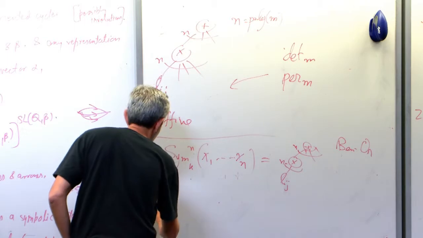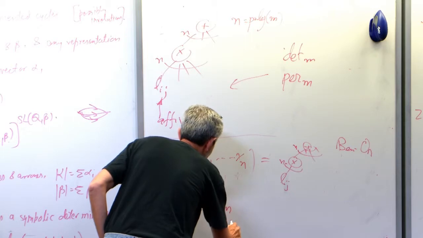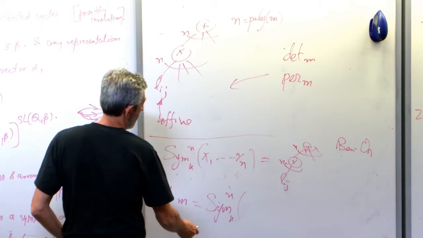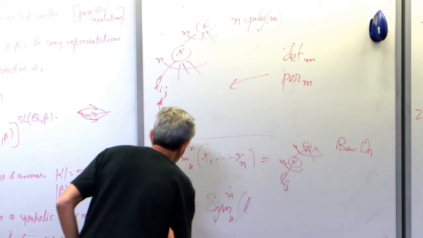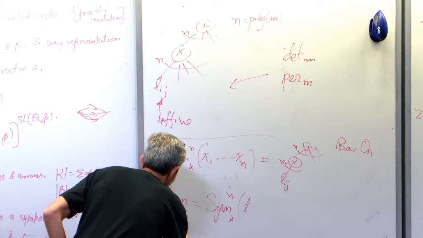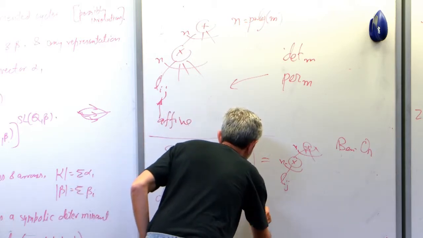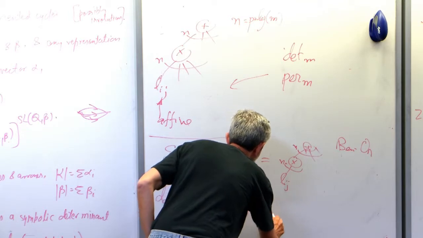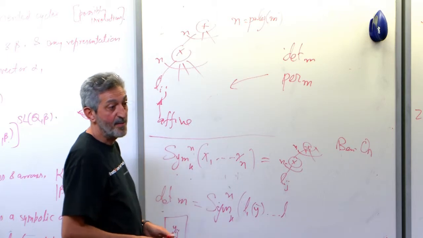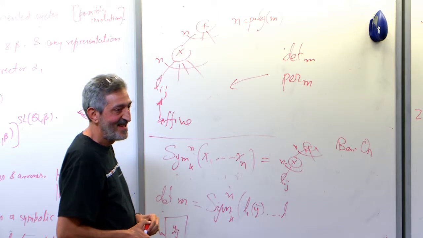Can you write the determinant of an m by m matrix with variables y_ij as the elementary symmetric polynomial for some k and n, polynomial in m, of some linear forms in these variables? What kind of lower bounds for n and k would make you happy? Super polynomial. So you cannot do it for n and k polynomial in m.